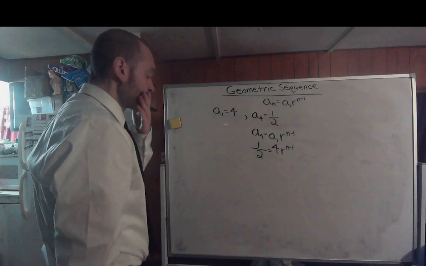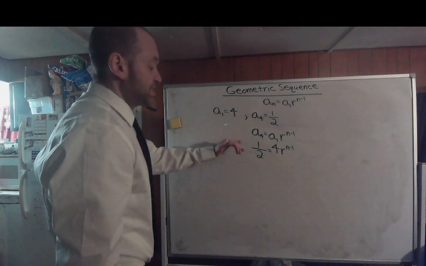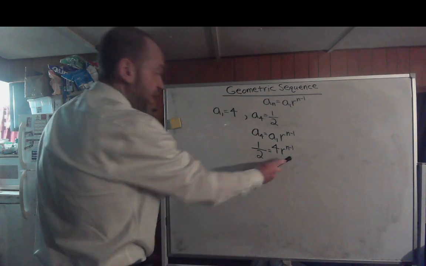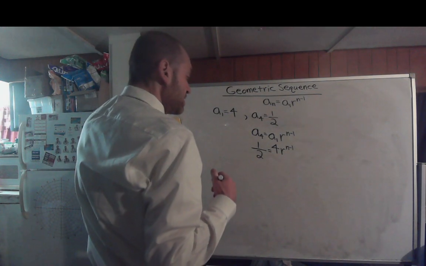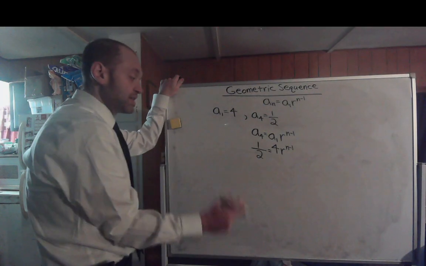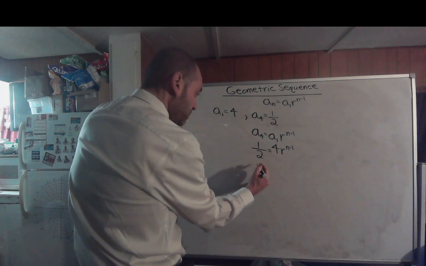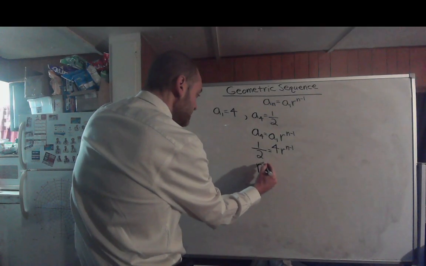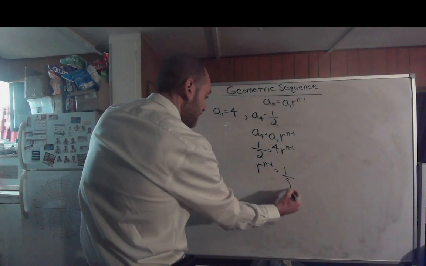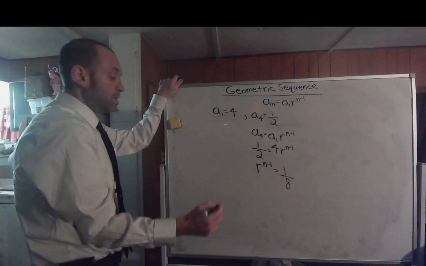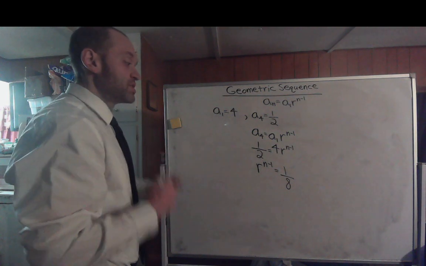Now, what we need to do is ultimately solve for r. We can isolate r by dividing both sides by 4. If we do that, we get r to the n minus 1 power equals 1/8. Well, how are we going to solve for r?